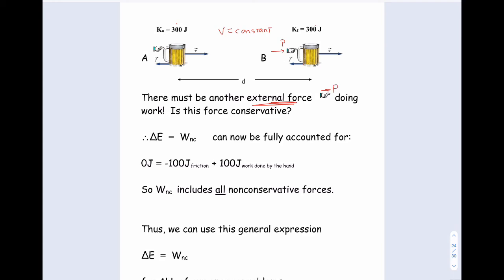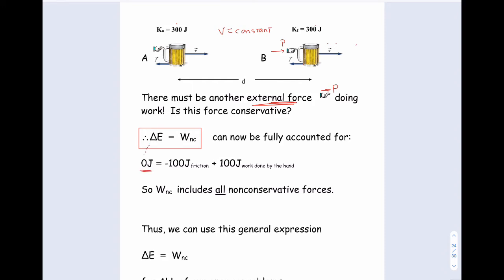Again, that's a non-conservative force because the only conservative force we have is gravity. So your hand force, or if there is a string attached to this, pulling it, that would be a non-conservative force.